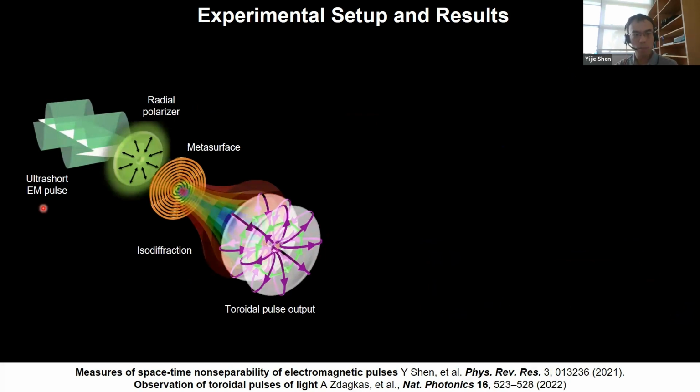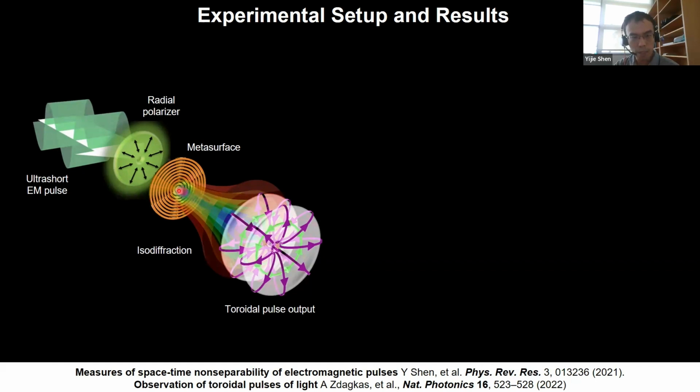Our method is a two-stage scheme. In the first stage, we convert an ultrashort pulse into a radially polarized pulse by a radial polarizer. In the next stage, we send the radially polarized pulse onto a metasurface, and the metasurface acts as a space-time correction, correcting the various color components.